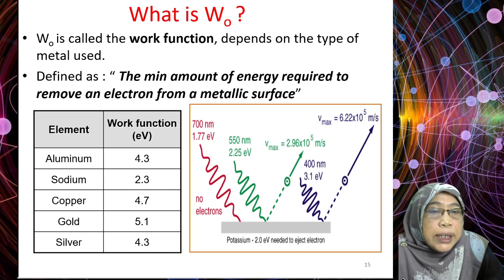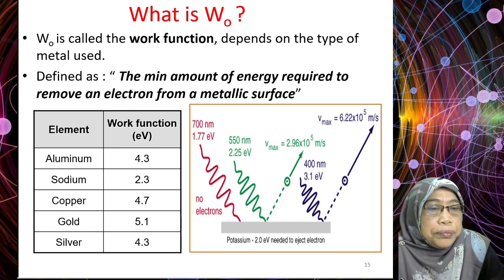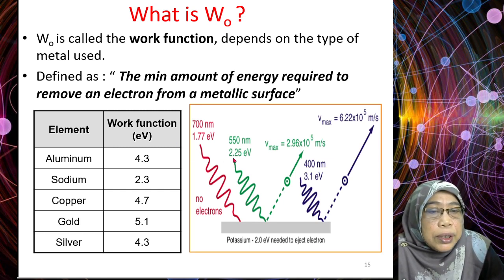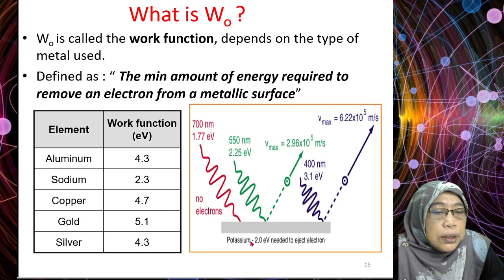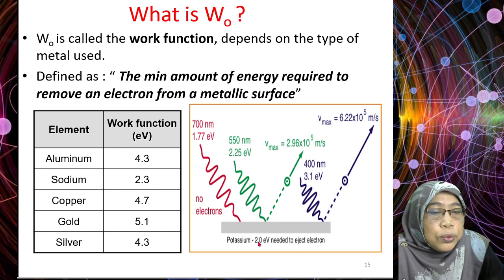And then you change the color of the light, you change the wavelength or the frequency of the light. Let's say here we have 550 nanometer light. For the calculation of the energy of the photon, E equal to hc over lambda, you will get 2.25 electron volt. And then check the work function of potassium, which is just 2 electron volt.